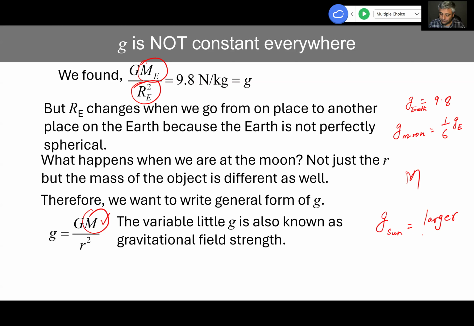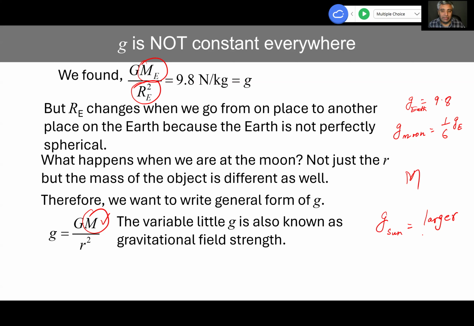And there are stars that are way larger than our star, the sun, right? There are several billions of stars that are way larger than the sun.